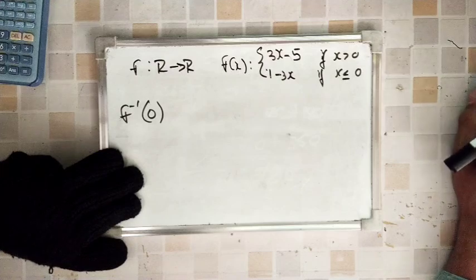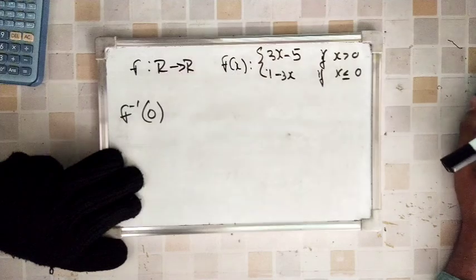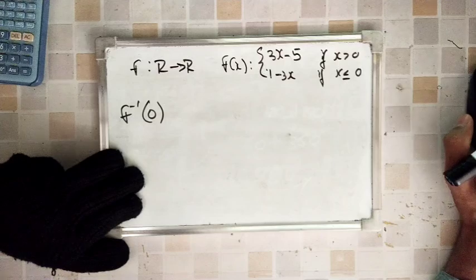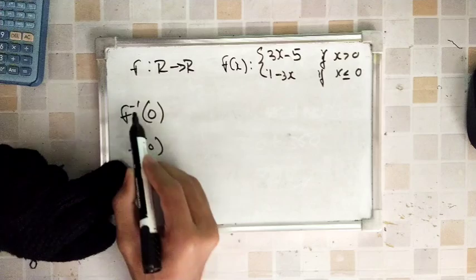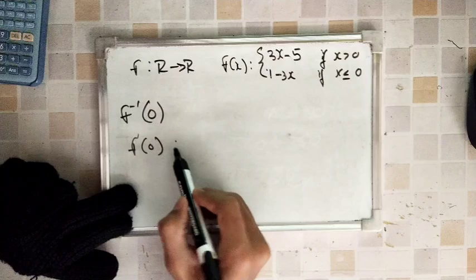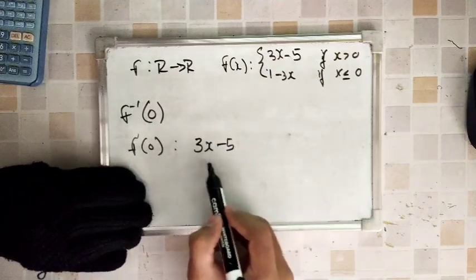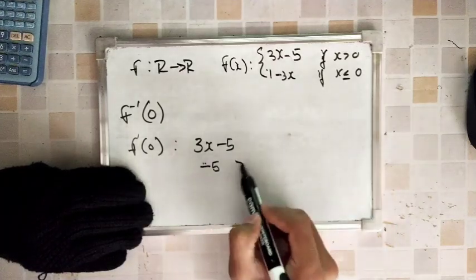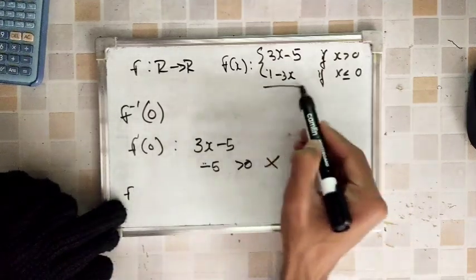In 3x minus 5, in place of x I will write 0. So 3 into 0 is 0, minus 5 is minus 5. Is my minus 5 greater than 0? No.